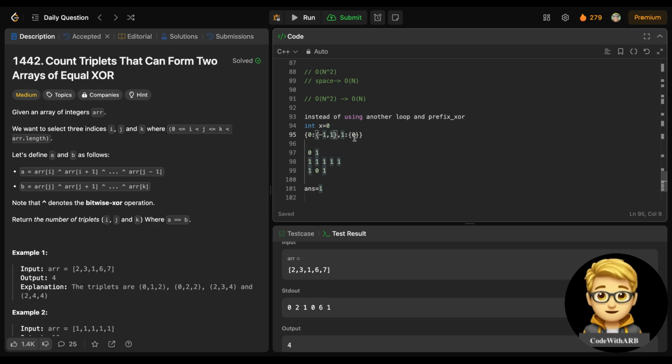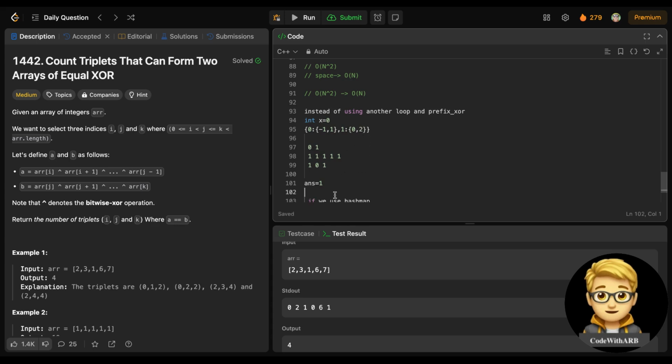This one is already present in my hash map, so between this one and this one, it will generate all the triplets. So the answer will be 1 again, and we will store these indices in my answer.